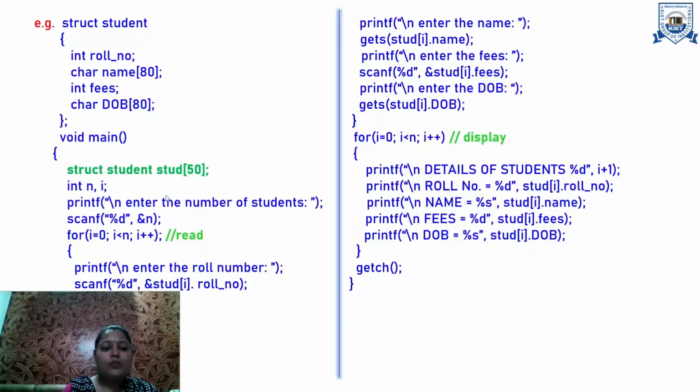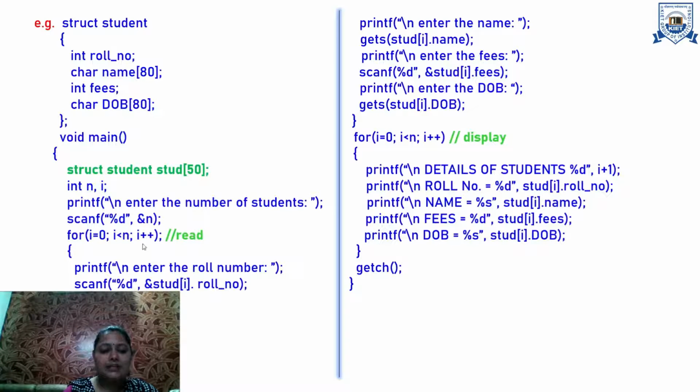Now as I want to store the information of n students, I have to use a loop. So again I have taken a variable i for the loop. I am starting with index 0, i equal to 0, i less than n, since n students are there, and i plus plus. We all know how an array is stored in memory. For the reading purpose I am again using the dot operator, but here I have to use the ith index for the student whose information I am storing.